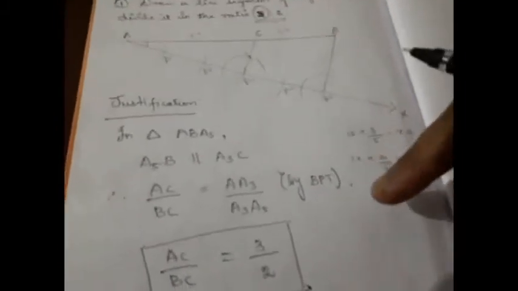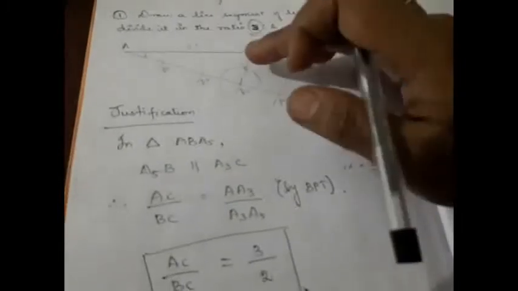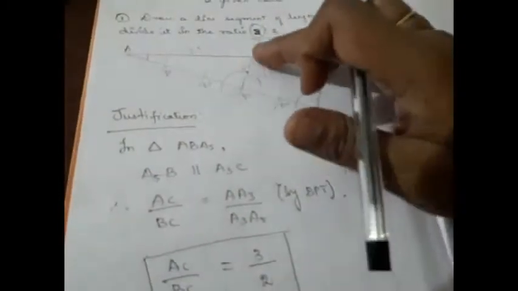What does the basic proportionality theorem say? If a line is drawn parallel to one side of a triangle to intersect the other two sides at two distinct points, then the two sides are divided in the same ratio.